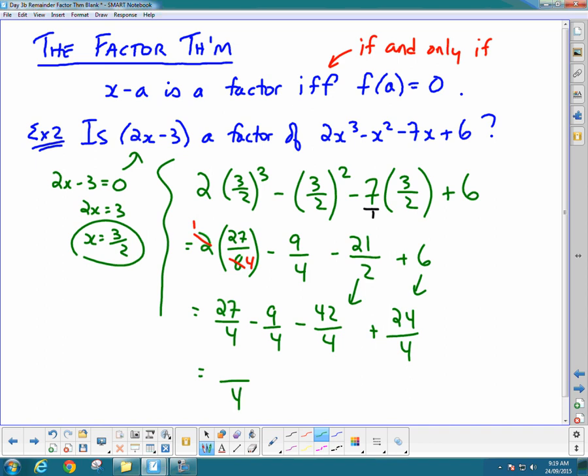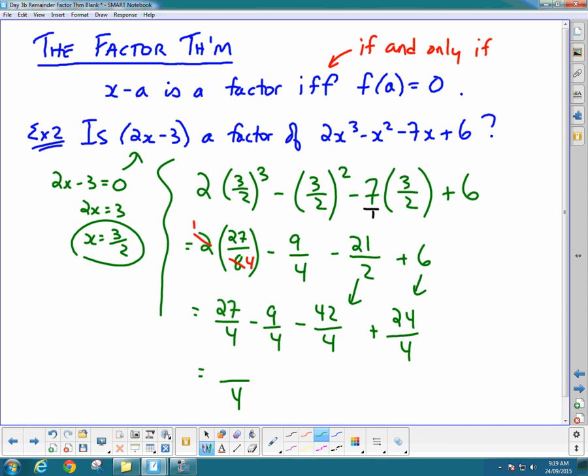So I got 27 minus 9, which is minus 36. Oh, sorry, 27 minus 9 minus 42 plus this negative 24 plus 24. I have people checking. I think it's 0 though, isn't it?